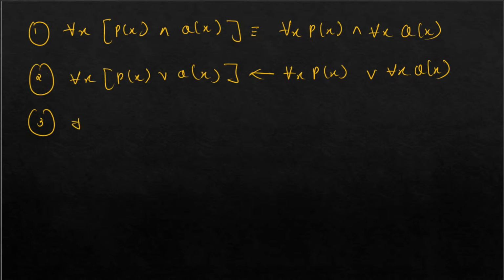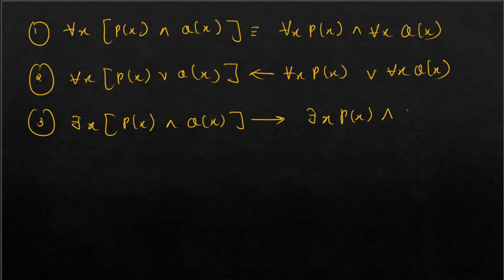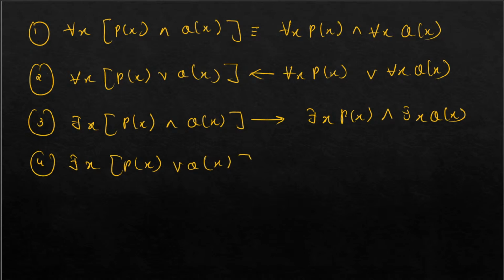Third is there exists x, P of x and Q of x. So the symbol will be like this: there exists x P of x and there exists x Q of x. Fourth is there exists x, P of x or Q of x, equivalent to there exists x P of x or there exists x Q of x.